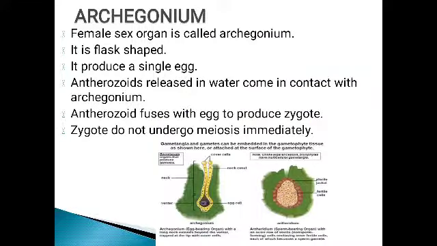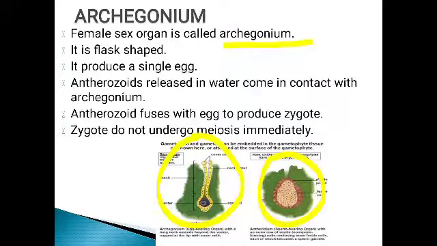The female sex organ is called the archegonium. So here you can see the archegonium. This is the antheridium and this is the archegonium. The archegonium is the female sex organ and the shape is somewhat flask shape. You can see here somewhat flask shaped it is.